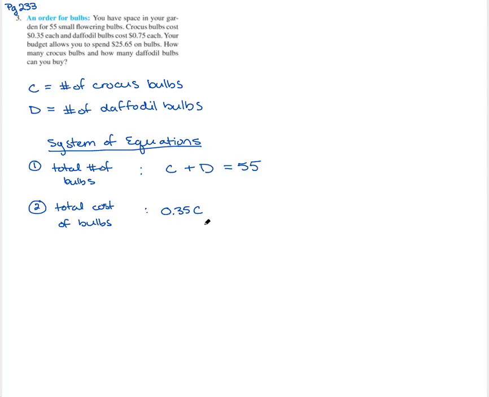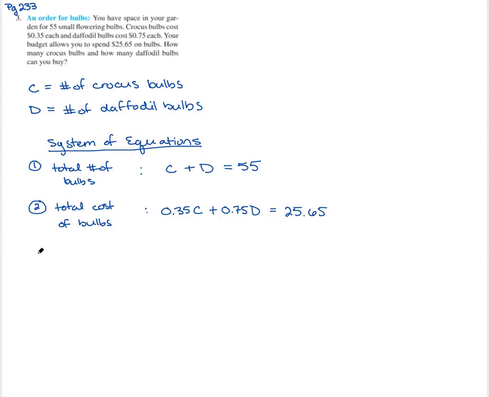If I decide to buy 10 crocus bulbs, that's going to cost me $3.50, and so on. The cost of buying one daffodil bulb is 75 cents. Together, depending on the number of crocus bulbs and daffodil bulbs at this specific rate for each type of bulb, the total cost cannot be more than my budget. So my total cost needs to reach $25.65 and not more.